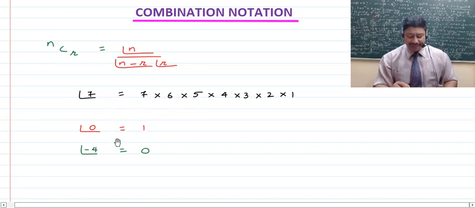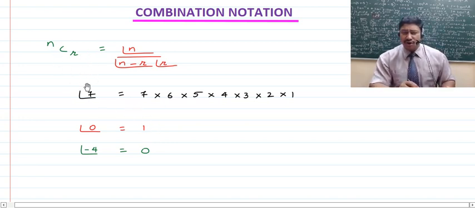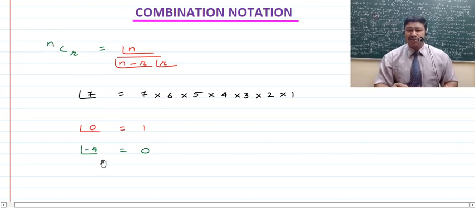Now sometimes it is possible that you can get factorial of 0, so that is no problem. Remember, factorial of 0 is equal to 1. If in writing this notation you're doing something wrong, that is, if you've kept the value of n lesser than the value of r, then you will get the factorial of a negative number, which is an integer.